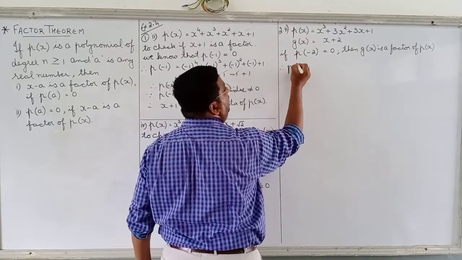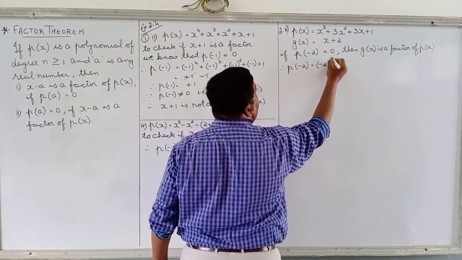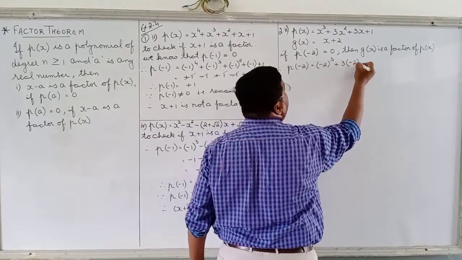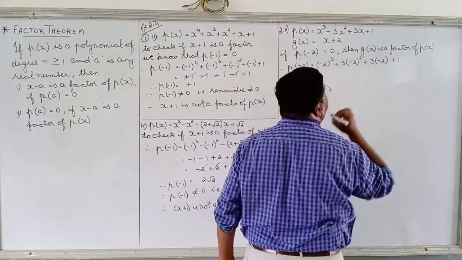So therefore P of minus 2 is equal to minus 2 cube plus 3 into minus 2 square plus 3 into minus 2 plus 1.